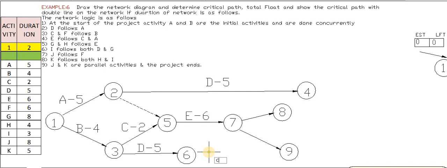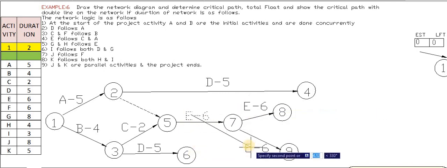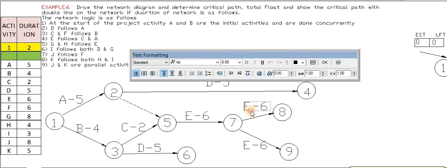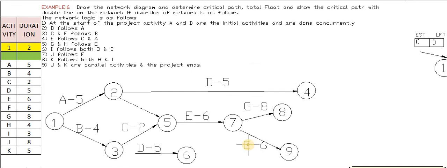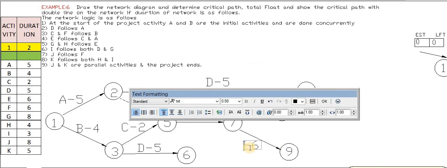So for G and H, we will copy this and draw this for this and for this. G is having a duration of 8, so we will have this as 8. What about H? H is having a duration of 4, so we will give this name as H, and it is for 4.